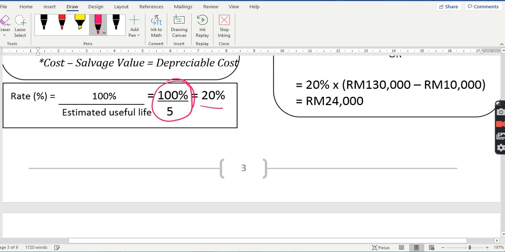That 20% you multiply with 130,000, the cost of the asset, minus your salvage value, and you'll get 24,000 as well. So you can use either one, whichever solution you find easier to understand or comprehend.